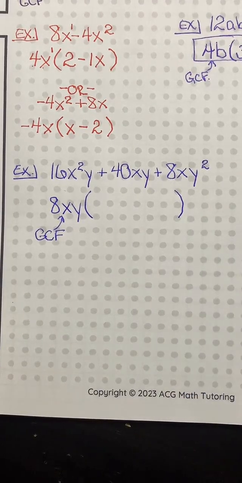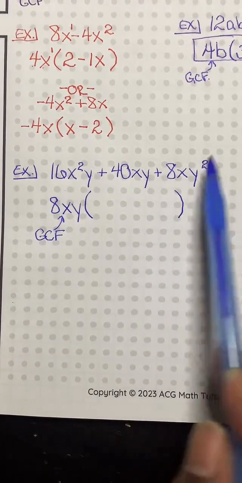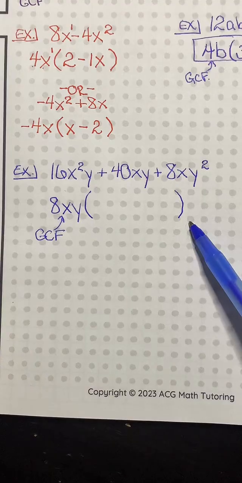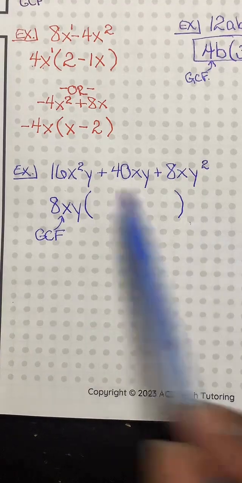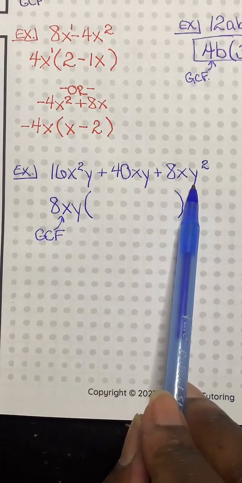I'm reaching here, but that's basically what you're doing. When you're factoring, you're finding the original numbers or the original products that got you into this main equation.